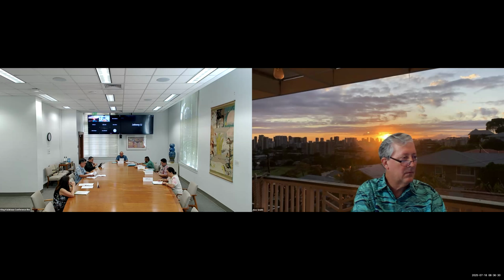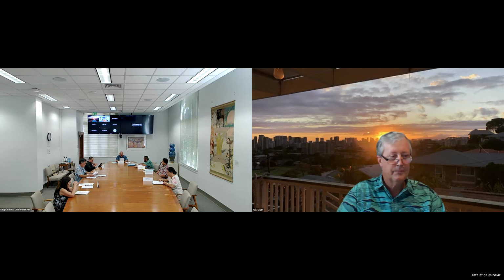Your microphone will be automatically muted, or when the chairperson asks for public testimony, you may click the raise hand button found on your Zoom screen to indicate that you wish to testify about the agenda item. Chairperson will individually enable each testifier to unmute their microphone. When recognized by the chairperson, please unmute your microphone before speaking and mute your microphone after you finish speaking.